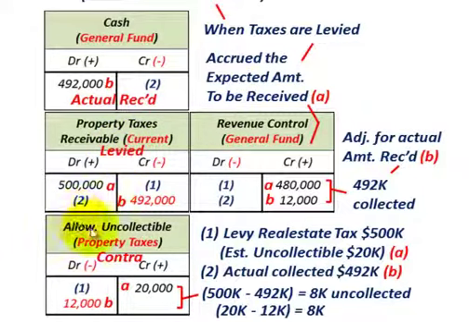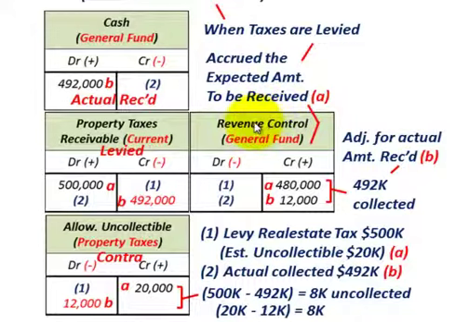And then we have to set up an allowance for uncollectible property taxes here as a contra account to our property taxes receivable. And then along with that, we're going to have our revenue control account here for the revenues that we're going to inflow to the city or the governmental unit here for any of those tax dollars collected, again for the general fund account.